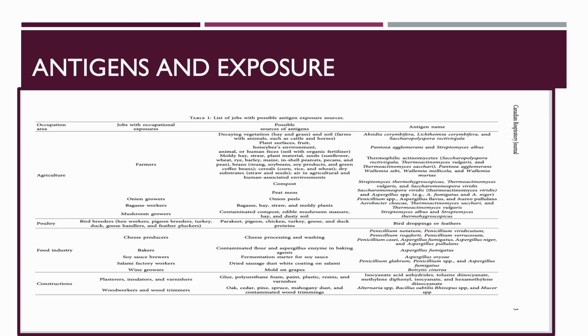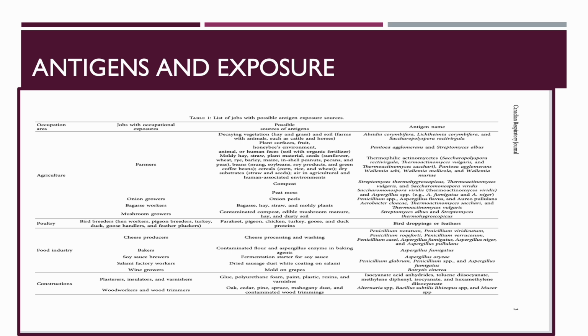If you look closely at this screenshot taken from the Canadian Respiratory Journal article, amongst agriculturists, farmers are exposed to a lot of possible antigens, which include decaying vegetation, decaying grass, soil, plant, fruit surfaces, honeybee environment, moldy hay, straw, plant material, and recently even hydroponic farming, which involves mushroom growing, and growing lettuce and other leafy vegetables in a controlled environment.